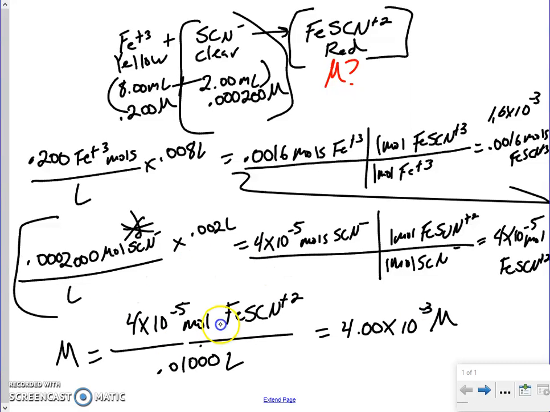And apologize for the sig figs, I'm kind of all over the place, but to give you an idea, this guy should have 3 sig figs, all of your liter measurements should be 3 sig figs. So we should be keeping 3 sig figs all the way through. So kind of ignore some of the random sig figs throughout here.